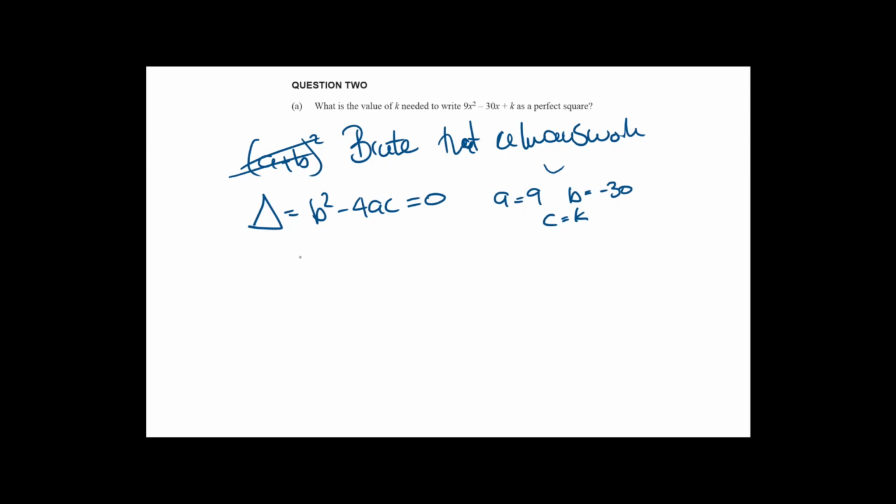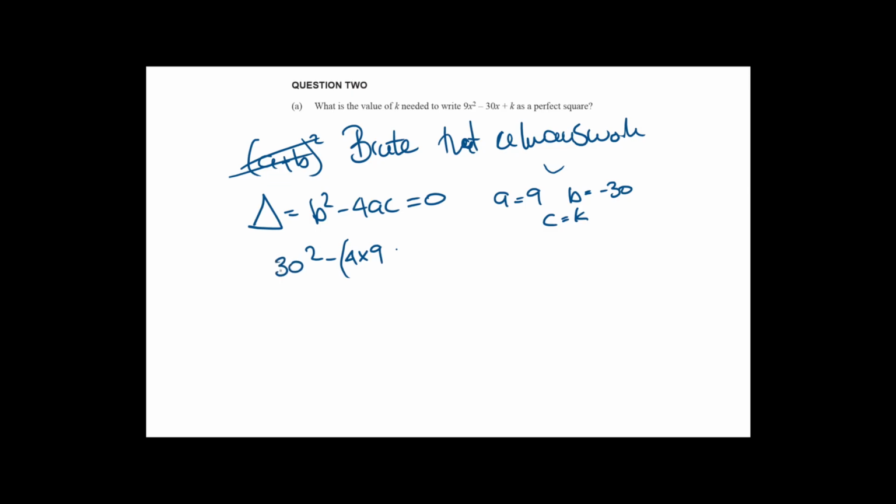So we want to find 9 squared minus 4 times 9 for ac. No, it's not going to be 9 squared, it's going to be 30 squared, isn't it?